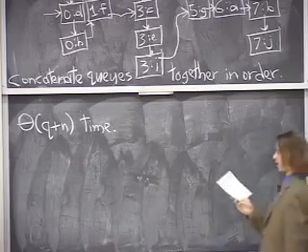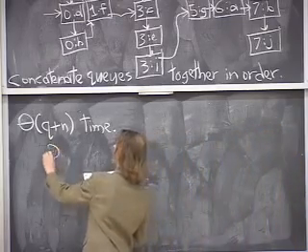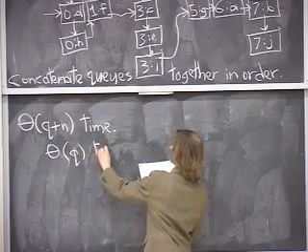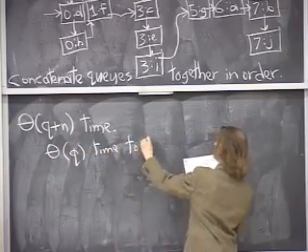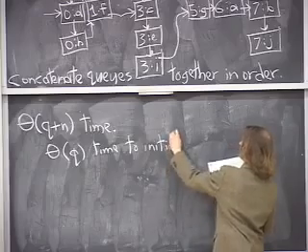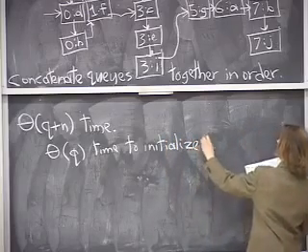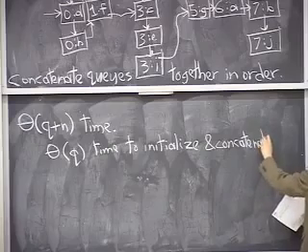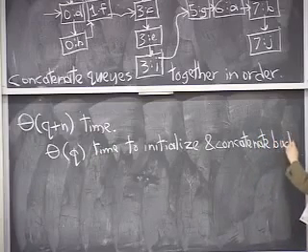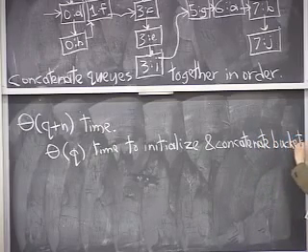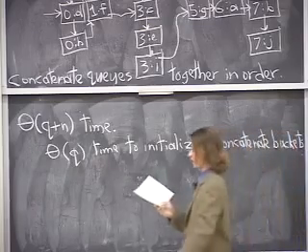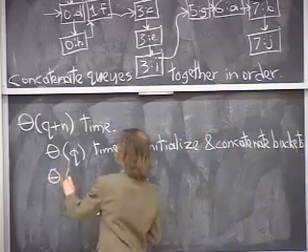It takes theta q time to initialize the buckets and to concatenate them together. And it takes theta n time to put the items in their buckets.